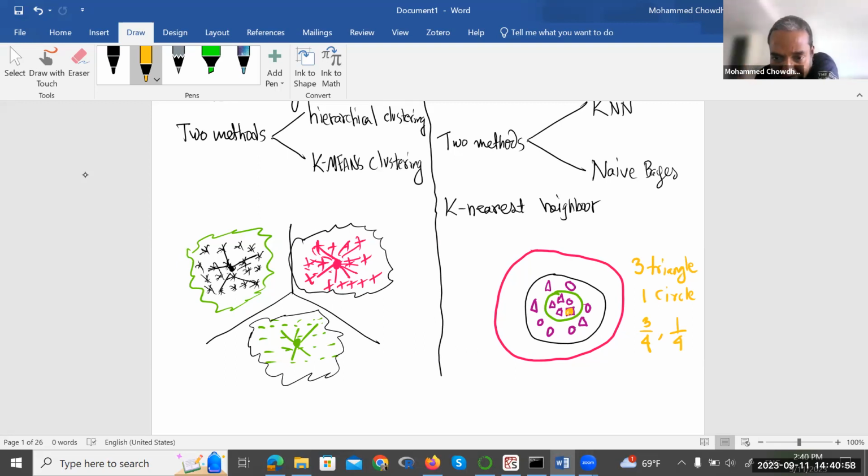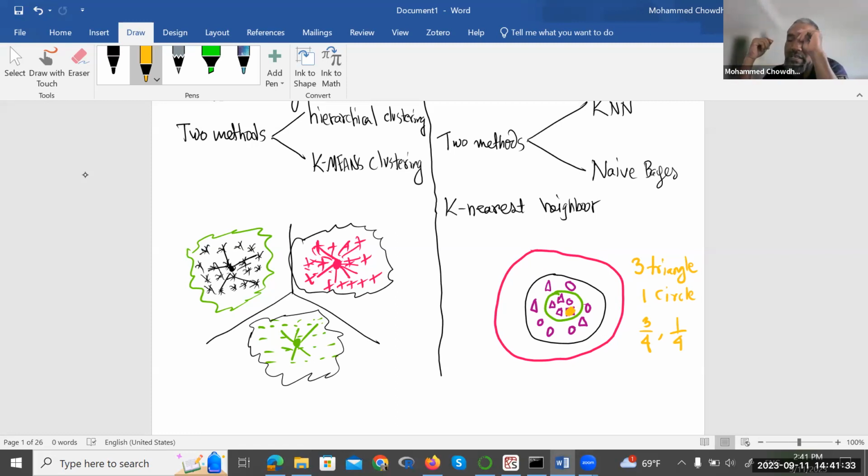Most of the images in this circle are triangles, so we can predict that this should be the triangle. Why? Because originally in the green circle area, there are three triangles and one circle.